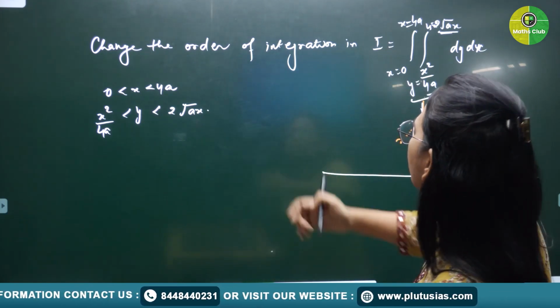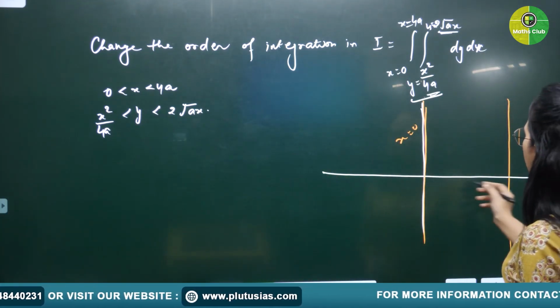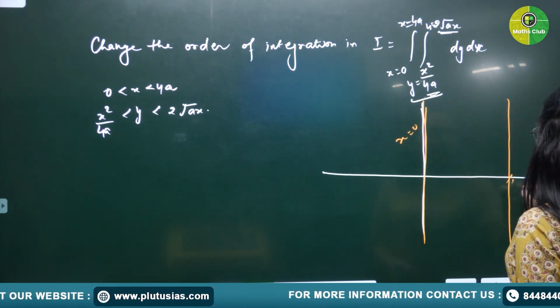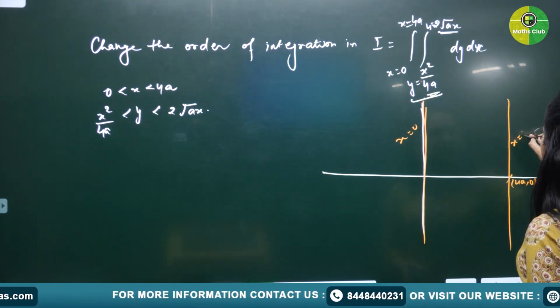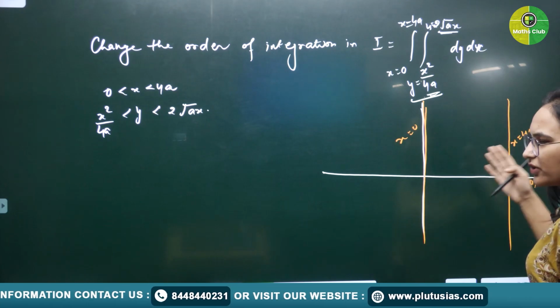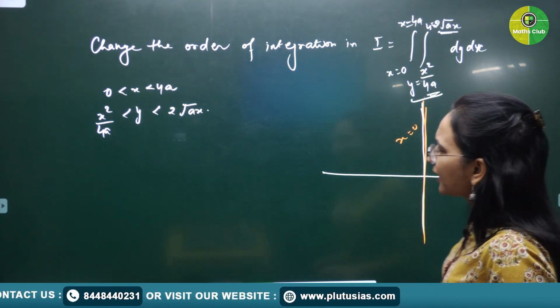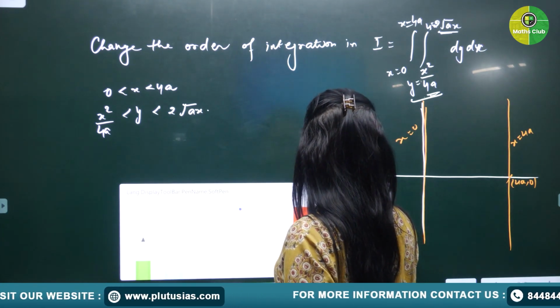And then you need to draw x is equal to 4a. There must be somewhere the point 4a comma 0, and this line is x is equal to 4a, that is x remains constant, which is always 4a, and y keeps on changing.